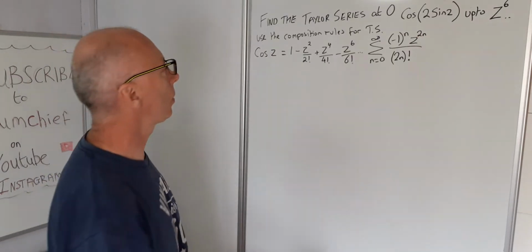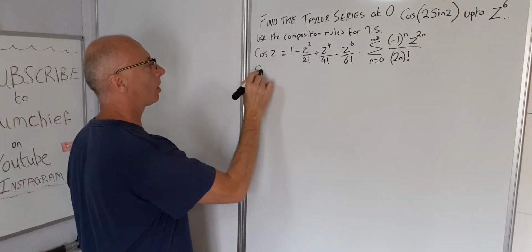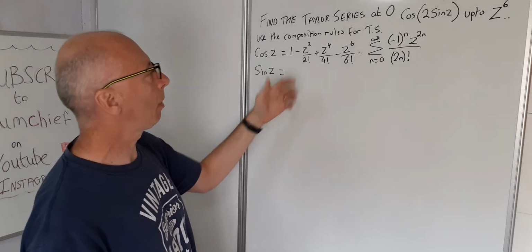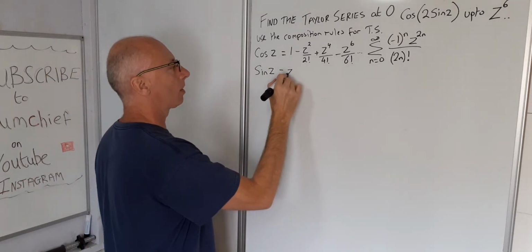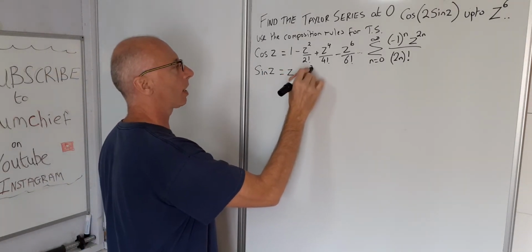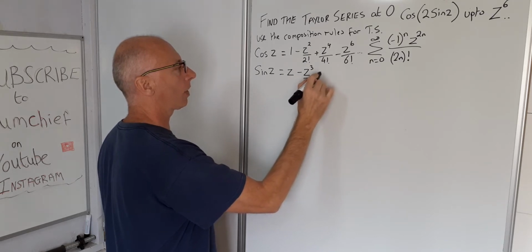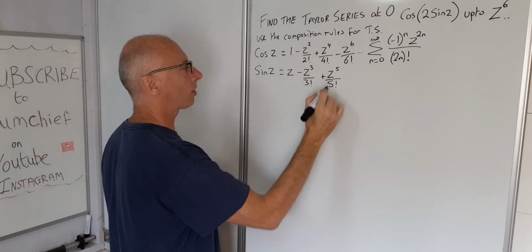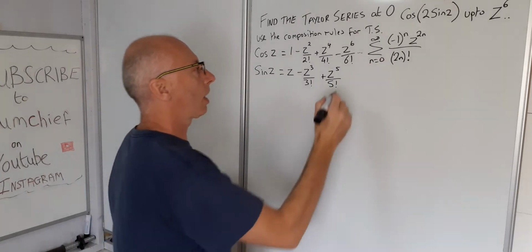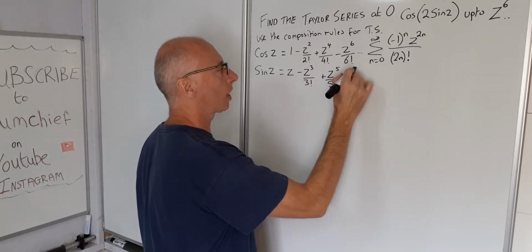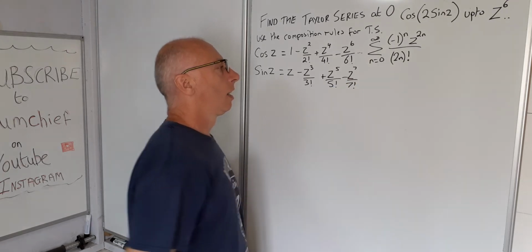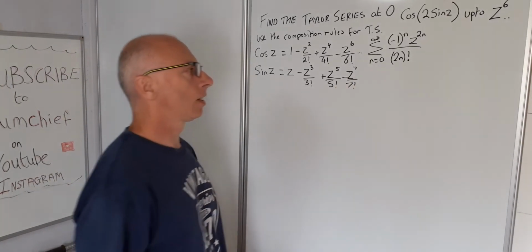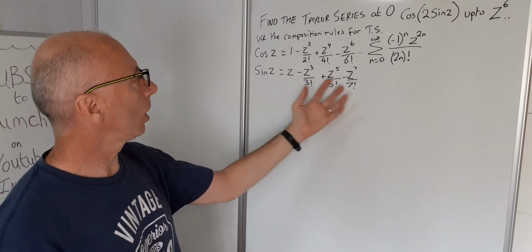So now we'll have a look for sine. So sine we know is an odd function. So now that's going to include all the odd powers of z. So we've got z minus z cubed over 3 factorial plus z to the 5 over 5 factorial. Now you could include the 7 if you wish. I'll just write it in just for the sake of it. And that's how the Taylor series for sine of z would appear. Again, all the odd terms.